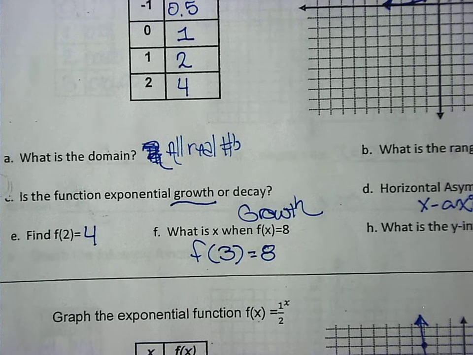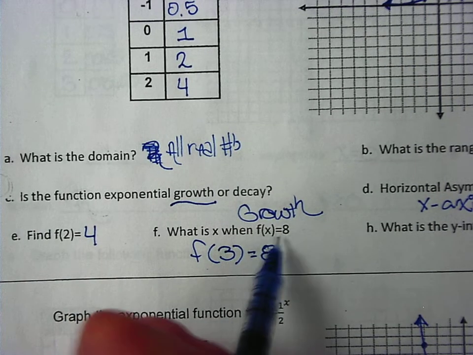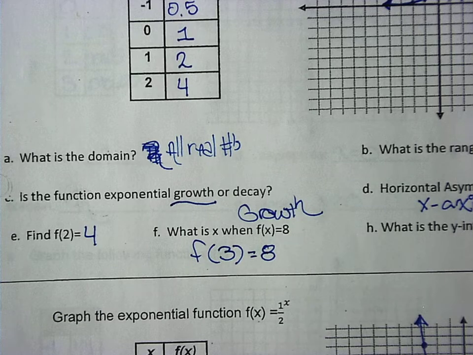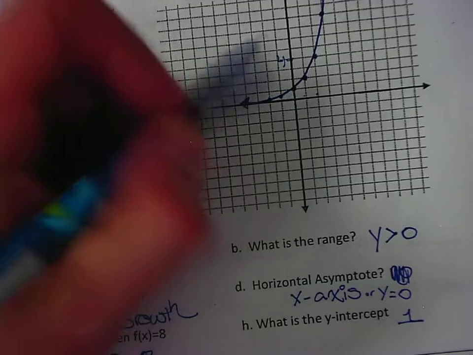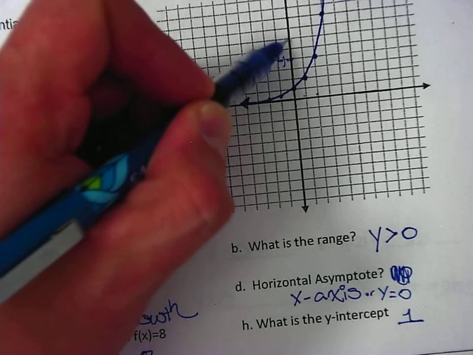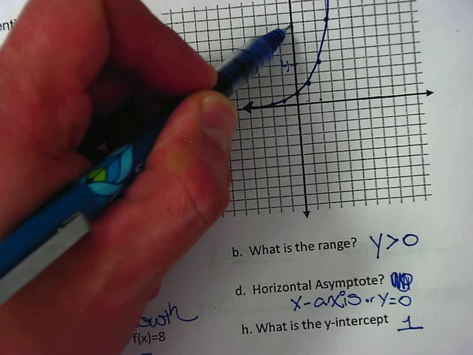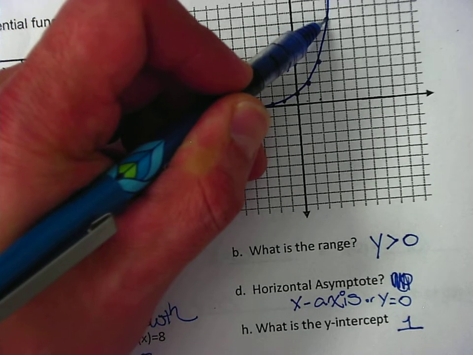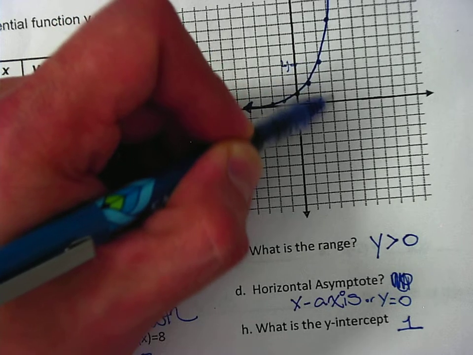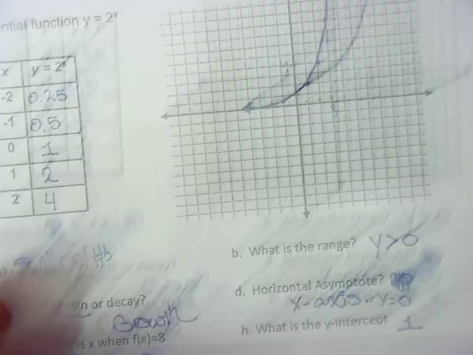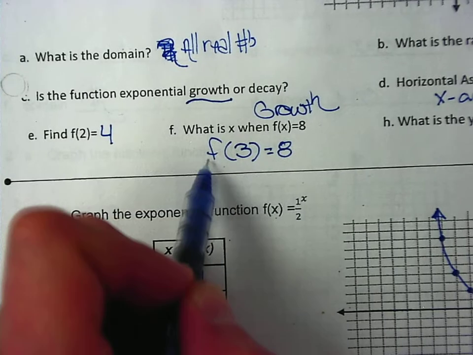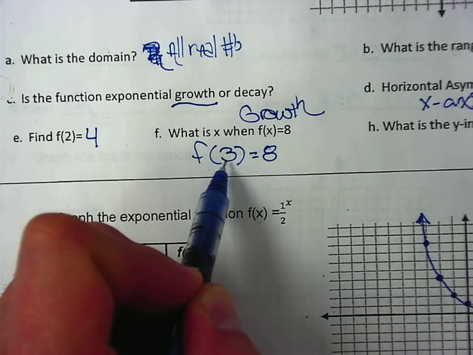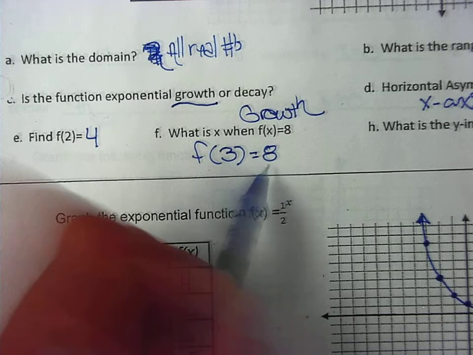Now, what is my x value that would give me an 8 on the y-axis, or an 8 for an answer? If I go up to 1, 2, 3, 4, 5, 6, 7, 8, and I move until I touch my graph, then I'll go down, and I can see that that is right here, where x equals 3. So my function value, when x is equal to 3, will give me that y value of 8.